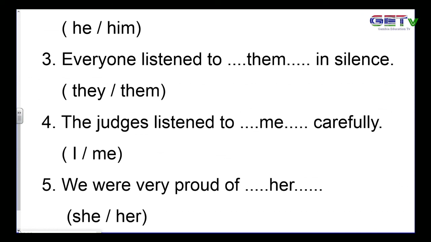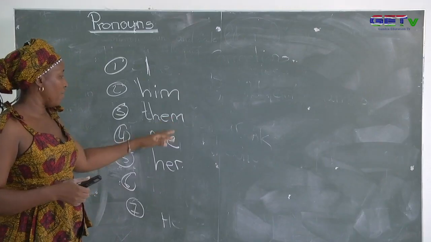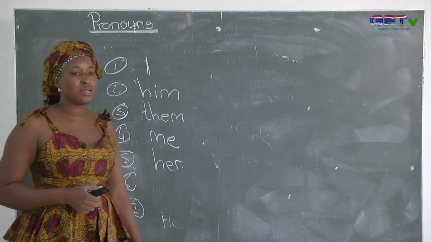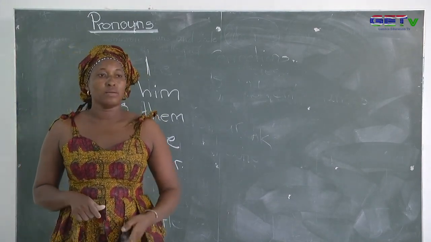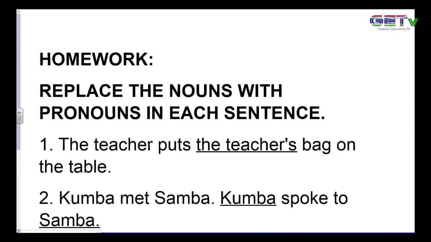Can we say we were very proud of she? No. We say we were very proud of her. And the correct pronouns that we use are I, him, them, me, and her. And that is the end of that activity.